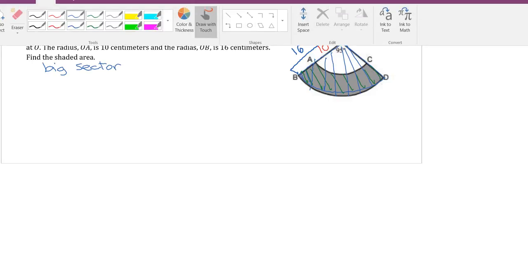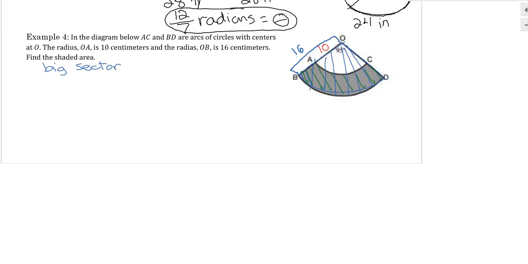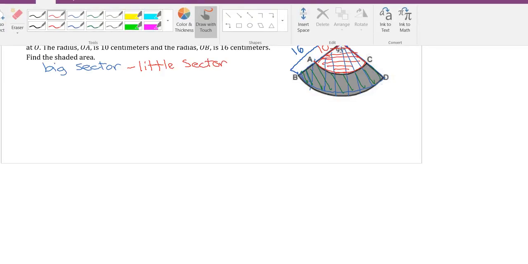And I'm going to take away the little sector here. If I have the blue and I take away the red, all I'm left with is that green. So minus the little sector.